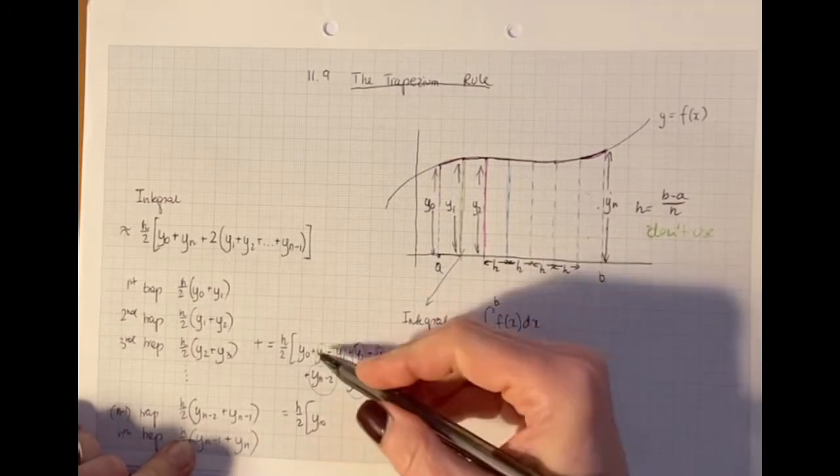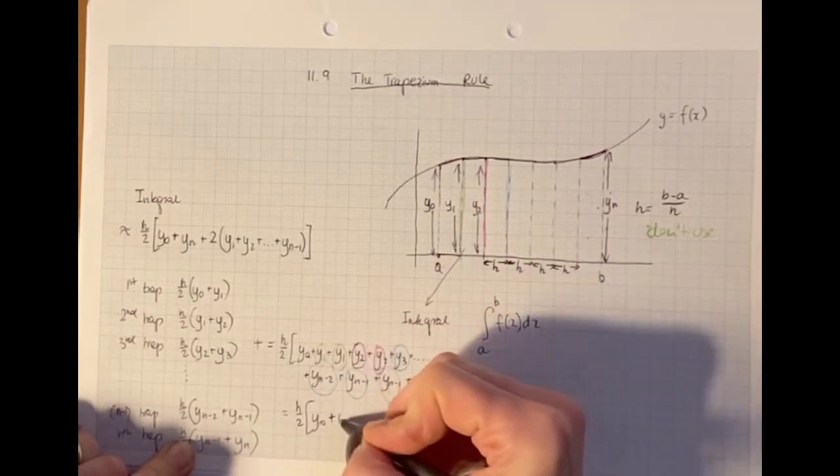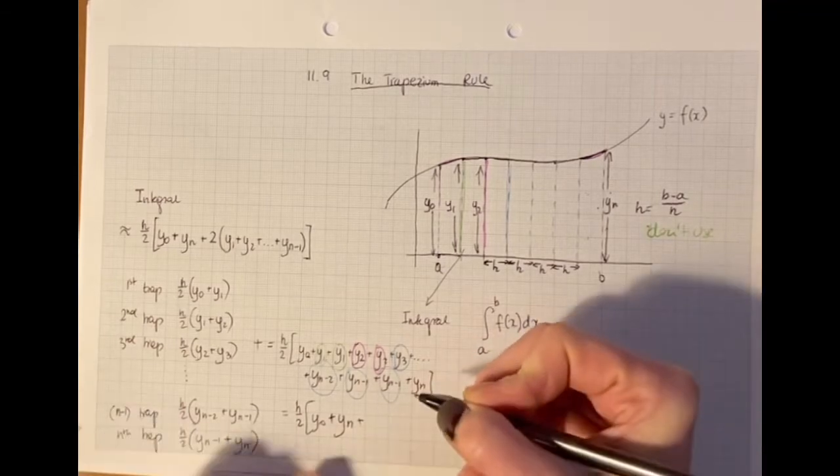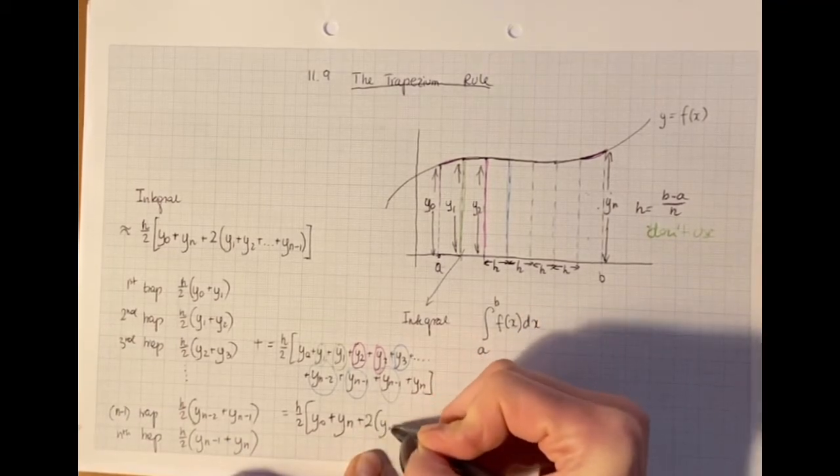So all the y values apart from the first and the last appear twice, while those appear only once. You can put them together, and then you've got 2 of all the others.